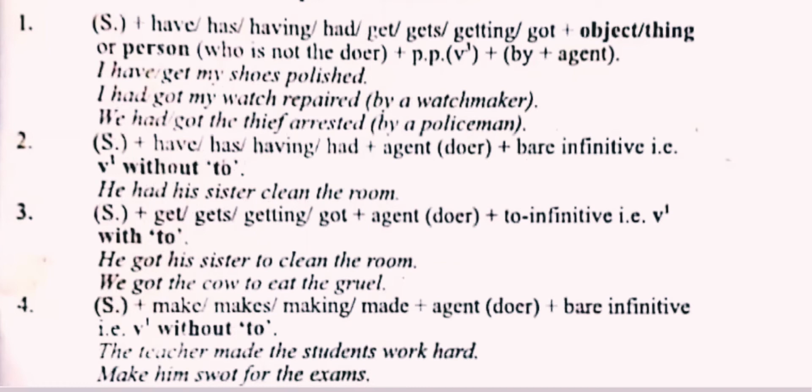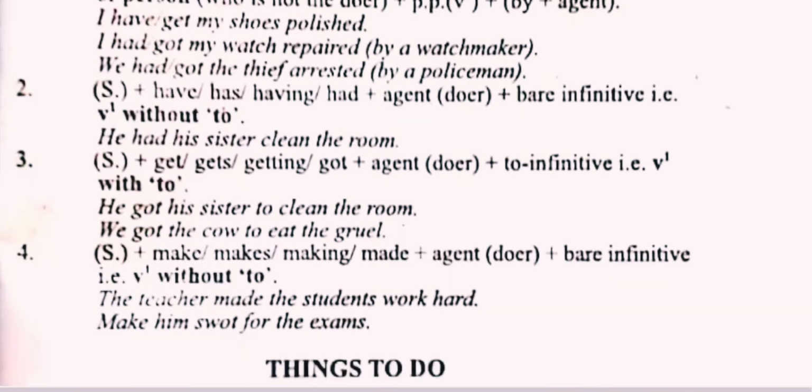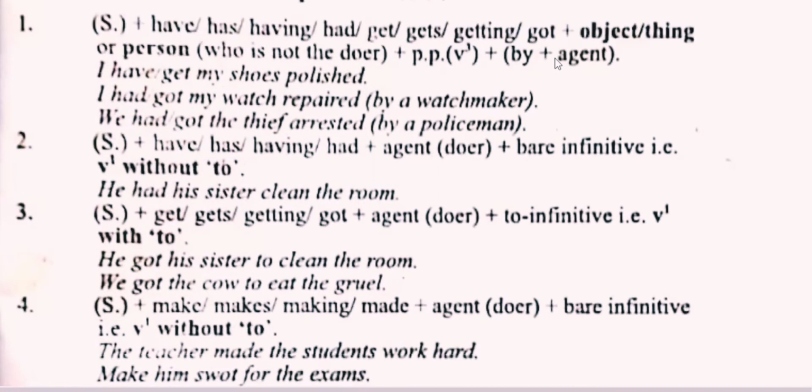We have four structures here, and these four structures can also be concluded in three as well. See, number one: subject plus have, has, having, had.